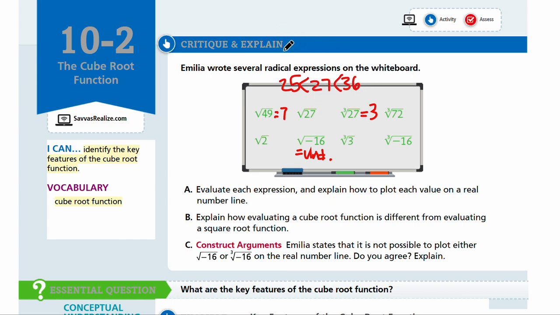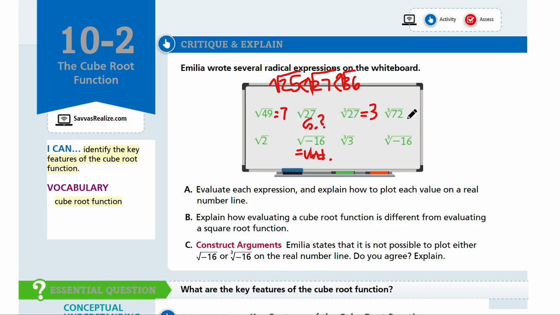So that means square root 25 is less than root 27 is less than root 36. So root 27 is somewhere between 5 and 6. Square root 25 is 5, square root 36 is 6. So it's going to be 5 point something.